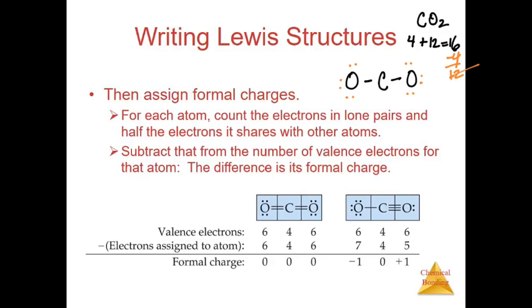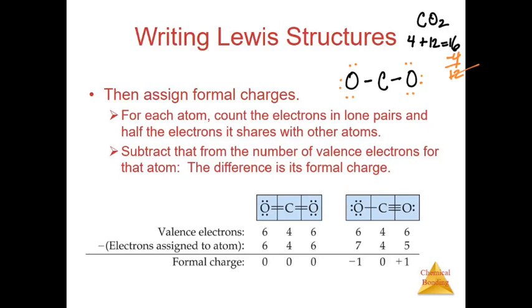We would have to go through and start to rearrange because even though each oxygen has 8 around it for an octet, carbon only has 4. What you see highlighted in blue is showing you the 2 options for rearranging, and both of them look really good because carbon has 8 around it in each case. Our oxygens are happy with an octet, but only one of them is the correct structure.